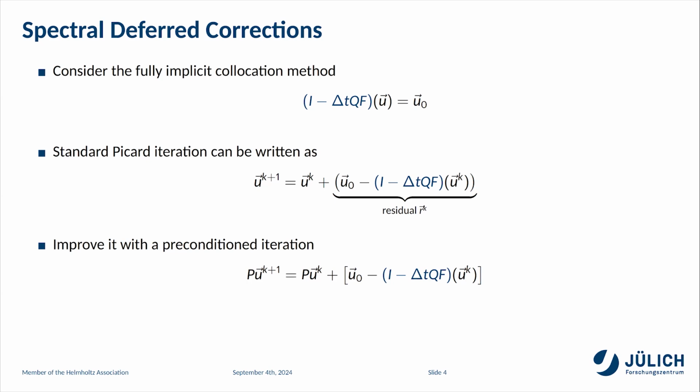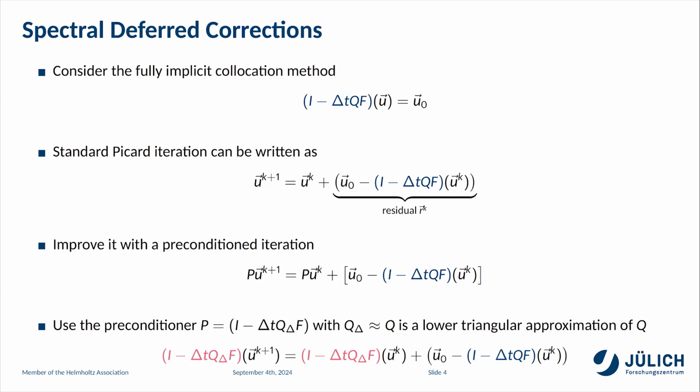In SDC, we take this operator as a preconditioner, with the difference that here Q delta is the new approximation of our integration matrix Q. In order to avoid solving an all-at-once system, we choose Q delta to be a lower triangular approximation.